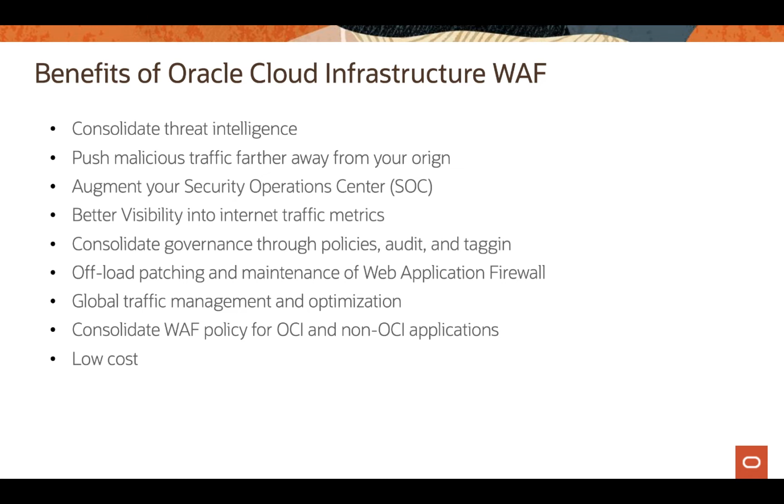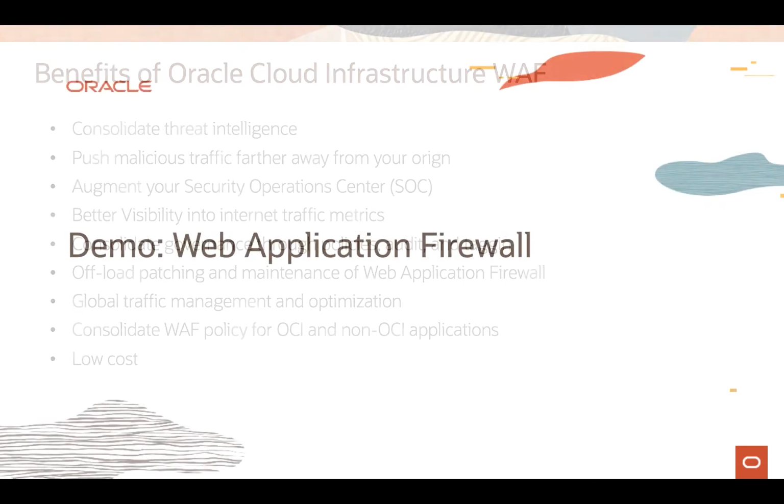Global traffic management and optimization is a good benefit. Consolidated WAF policies for OCI and for non-OCI applications is also a good benefit, so you don't have to invest a lot of money on having WAF for things you're running on premises and things you're running on OCI. You can use the same WAF to protect both.